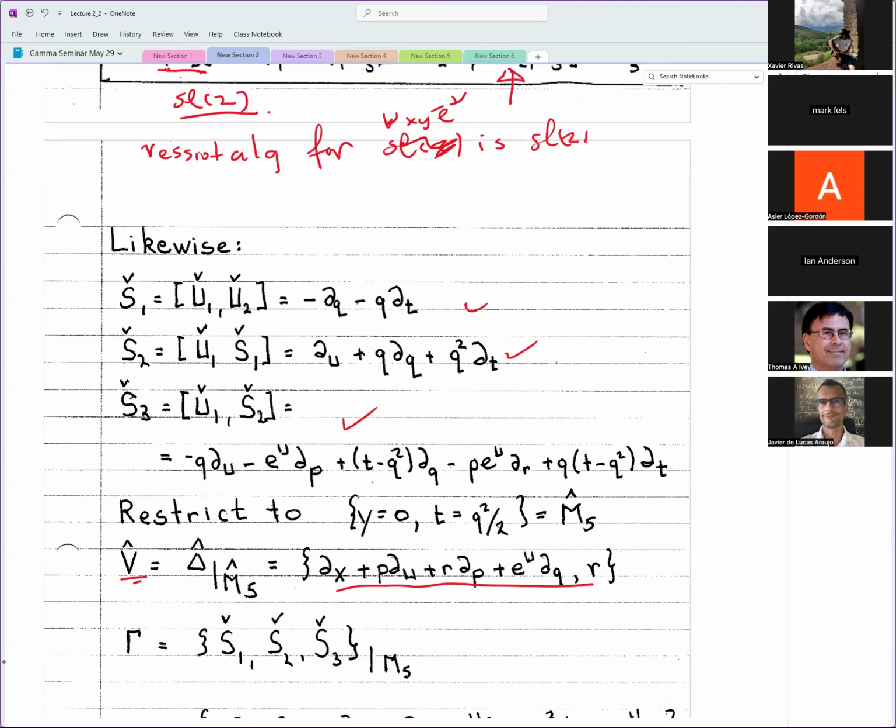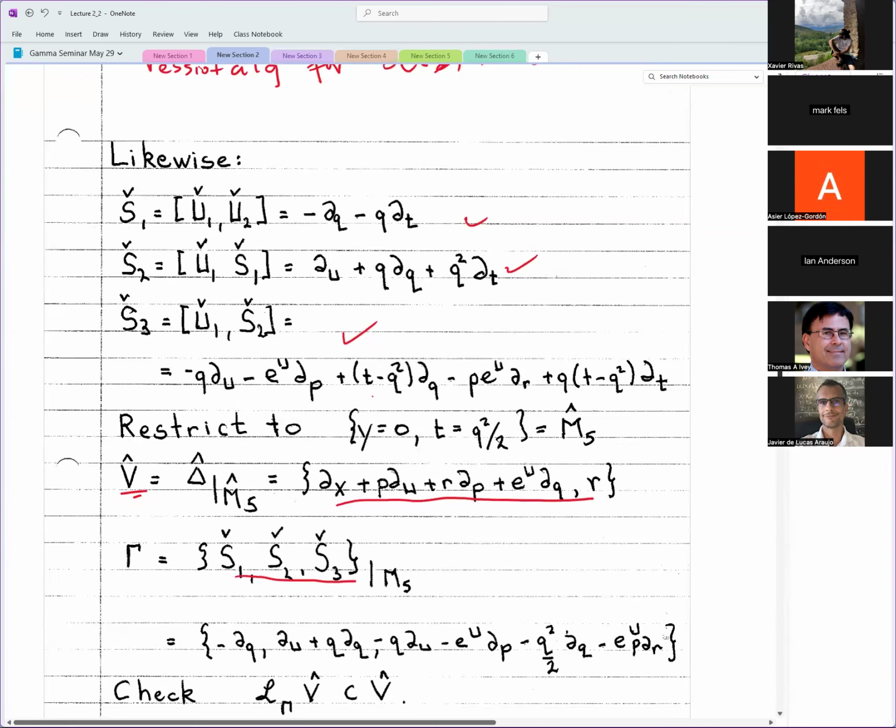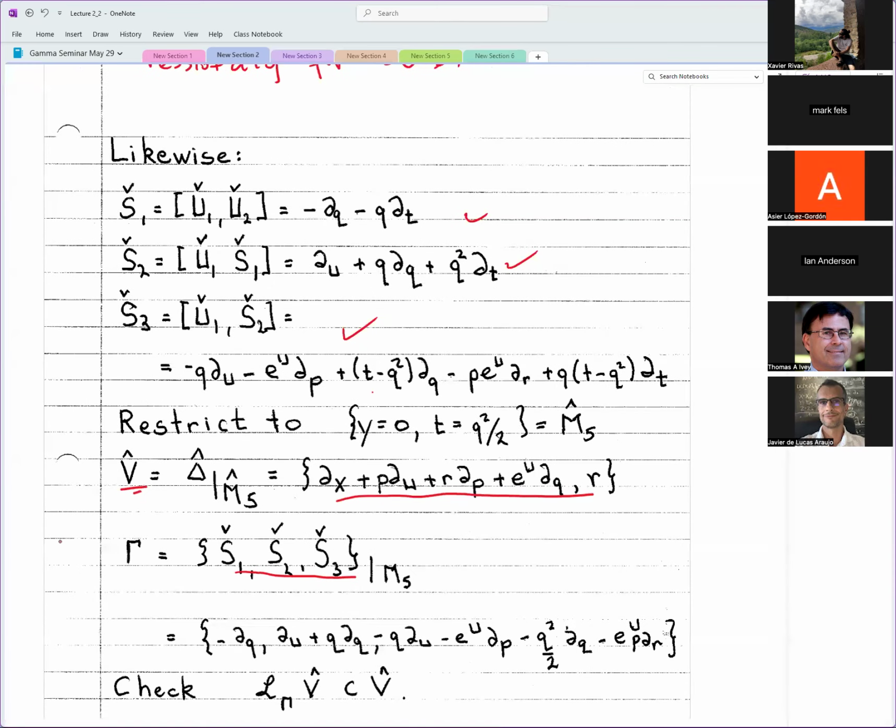And now I restrict the vector fields also to level sets. And I get these vector fields here. And the theory says that these vector fields should be symmetries of those. You can easily check that if you Lie differentiate these vector fields with respect to this, you get combinations of these again.